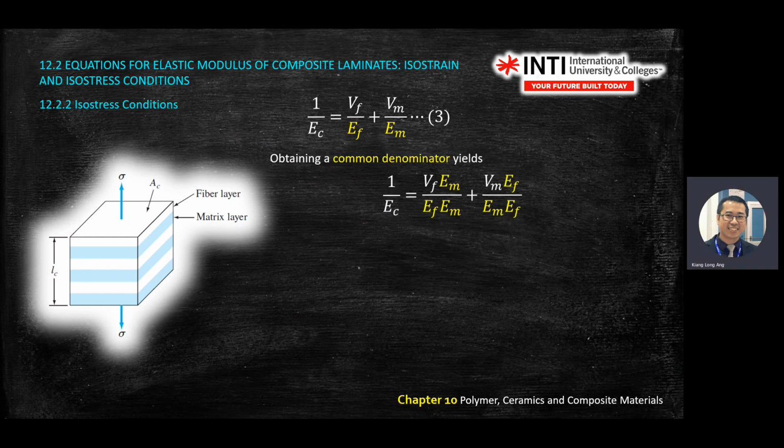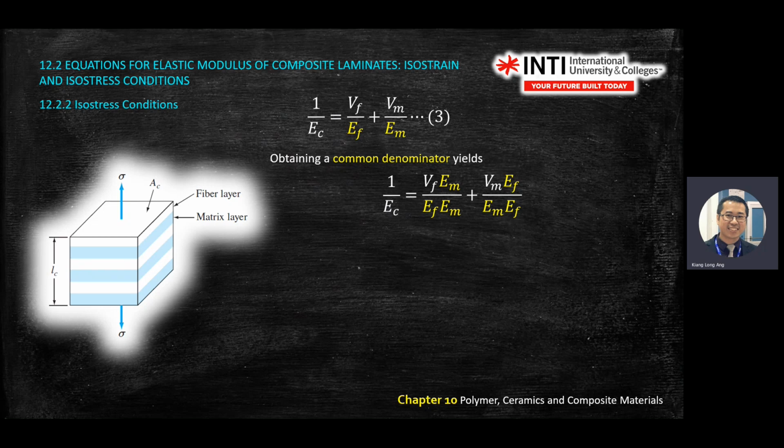Okay, so this is fiber and matrix. Again, you can change the fiber into matrix denominator. This is just mathematics. You can either focus on matrix or focus on fiber. In this case, we modified.